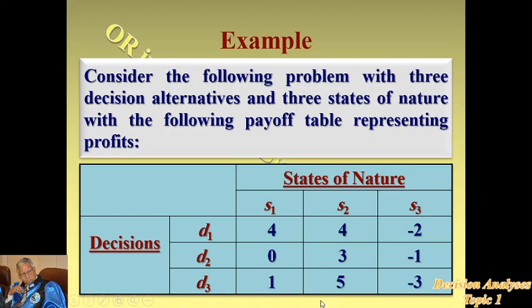If we establish a small restaurant, our profit under fair condition is 1,000. Under good condition, 5,000. Under poor condition, minus 3,000. This is the meaning of this payoff table.